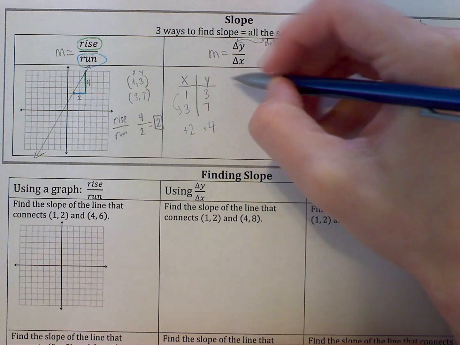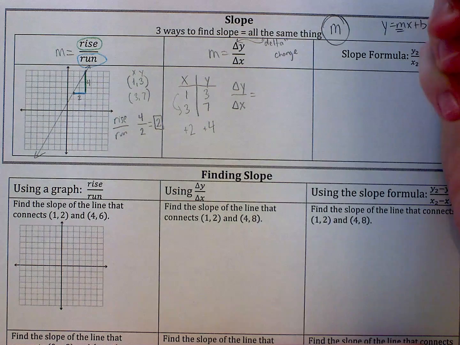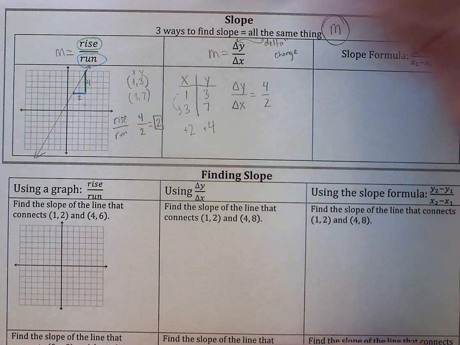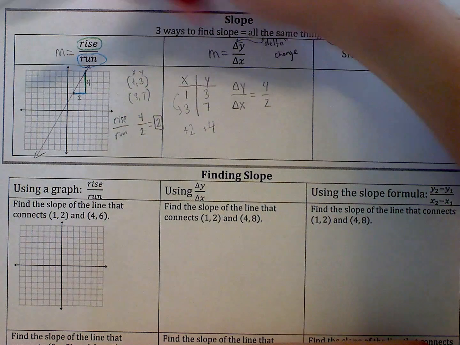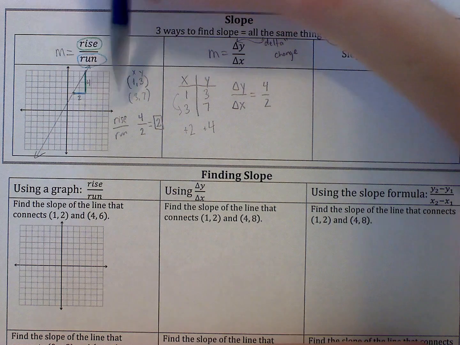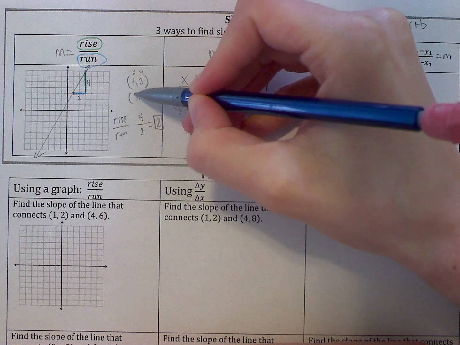And what you might notice is that when I go to write the change in y over the change in x, I end up with the same exact fraction as I ended up with rise over run. Well, here's why. To get from here to here is 2 spaces on the graph. But it's also me moving from an x value of 1 to an x value of 3, right?